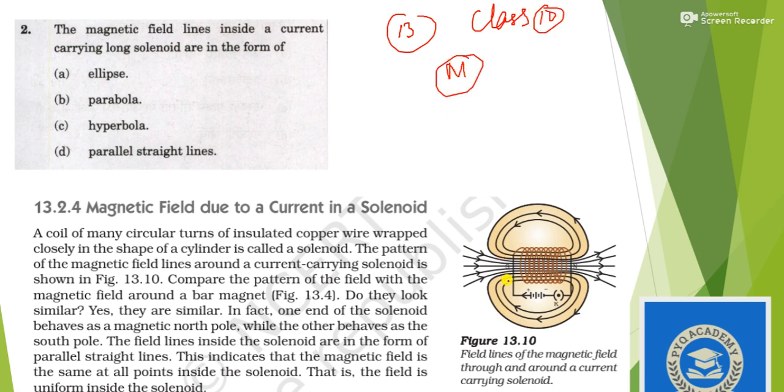You can see the magnetic field lines inside a solenoid are the same as those of a bar magnet, and they are parallel straight lines, not an ellipse, not a parabola, not a hyperbola. So our answer is option D.